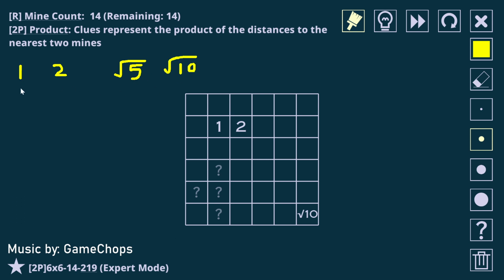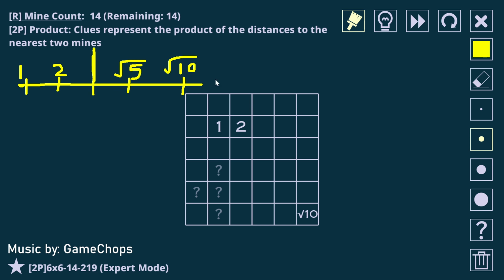So those two, for example, form one possible pair. Those two form one possible pair. And if you take a look at a number line of those possible values, you realize that because you can't have values in between them, you can't have any of these being mines.